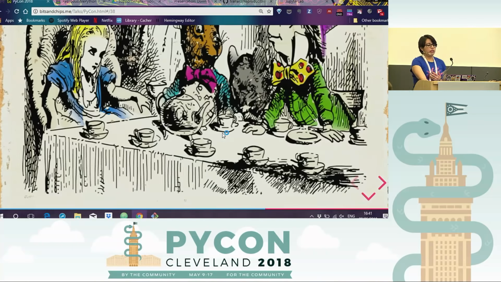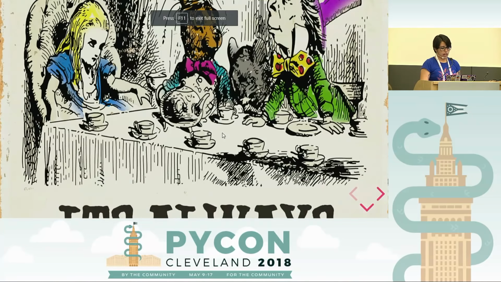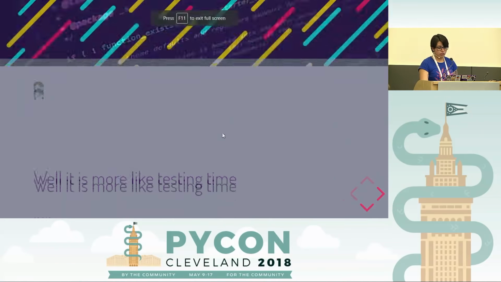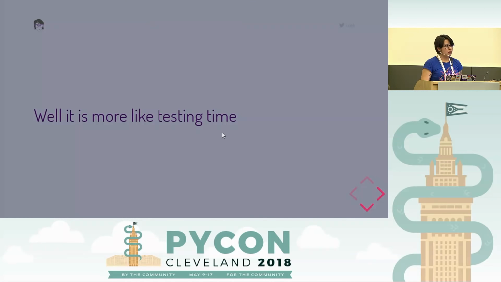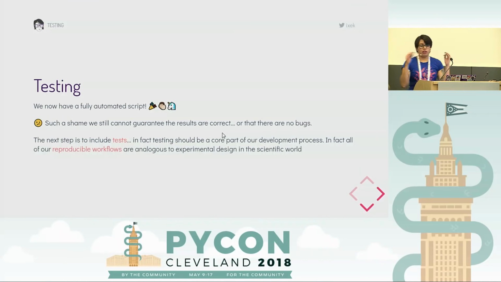So we've done a big leap now, and we have everything installed, everything automated. So now this is tea time, more than likely, more like testing time. We have an automated script that should do everything, but we cannot rely on the results because we've not tested anything.